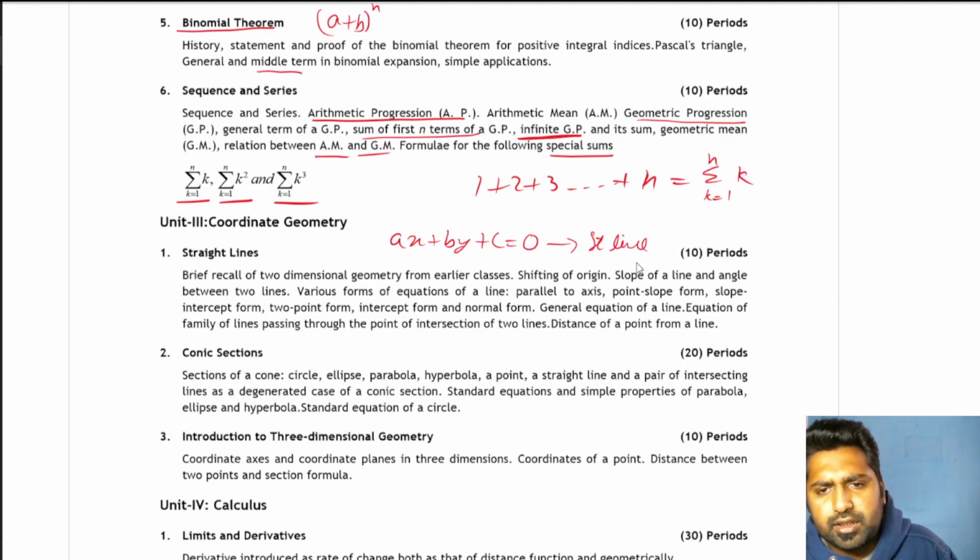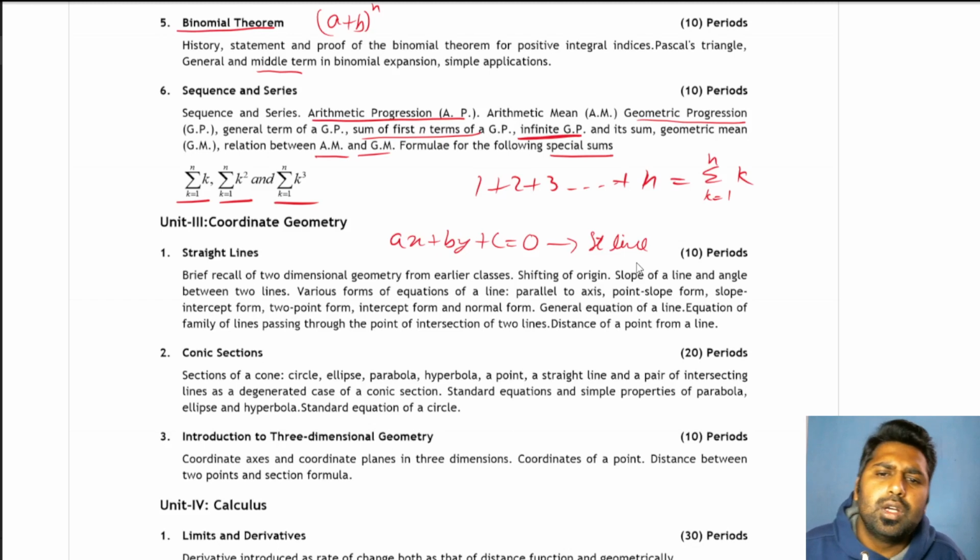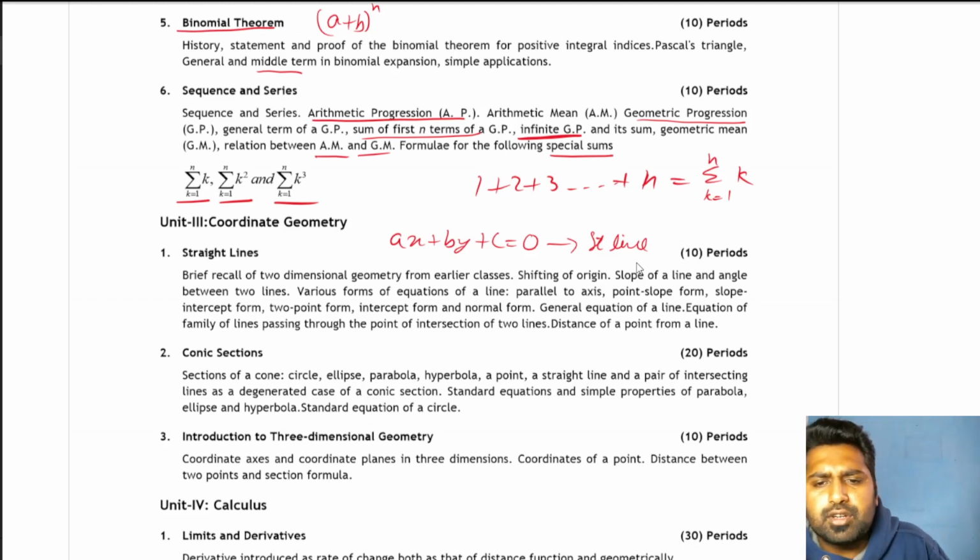Now the idea will be different. They will give you the condition and ask you to create the equation of the line: a line passing through the origin, a line at an angle of 45 degrees on the x-axis, 45 degrees on the y-axis, passing through some point, perpendicular to some line. Those kinds of conditions will be devised, and the point is you have to create the equation of the line.